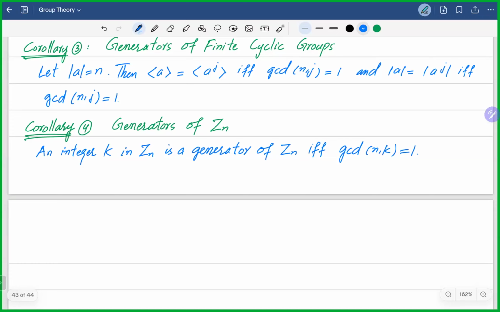And these are all the important things which theorem 4.2 gives.